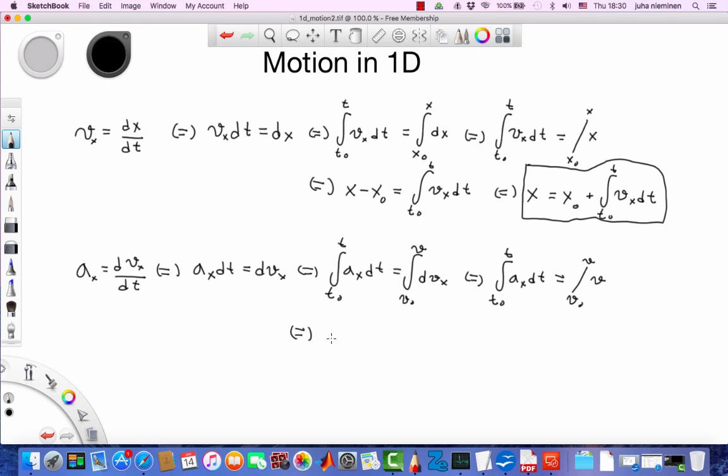switch things around, left to the right. So evaluating this expression we get v minus v0 is the integral from t0 to t of ax, and then just bring the v0 over to the other side.